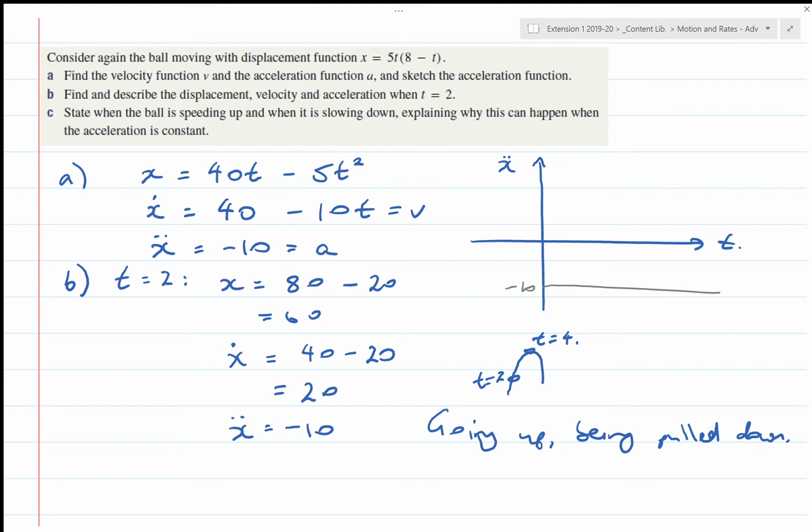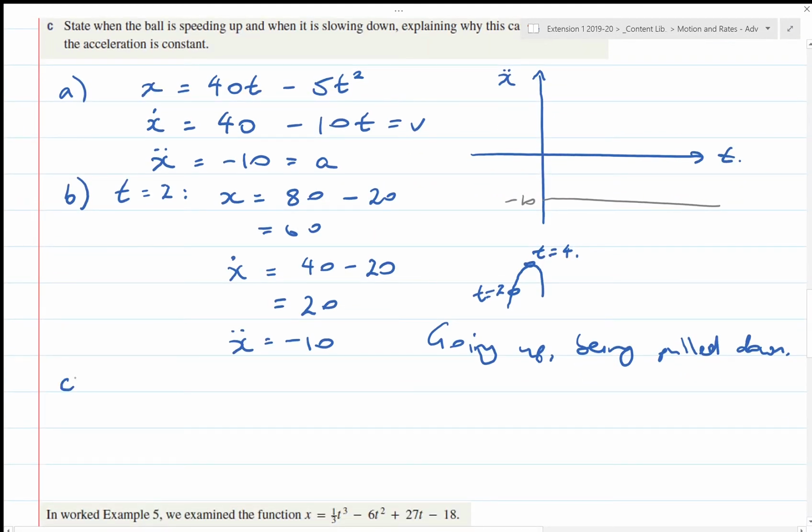The ball is always slowing down because velocity is the velocity function. So velocity is always decreasing, so it's always slowing down.